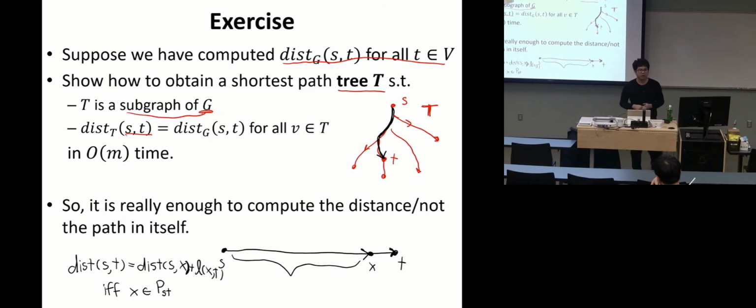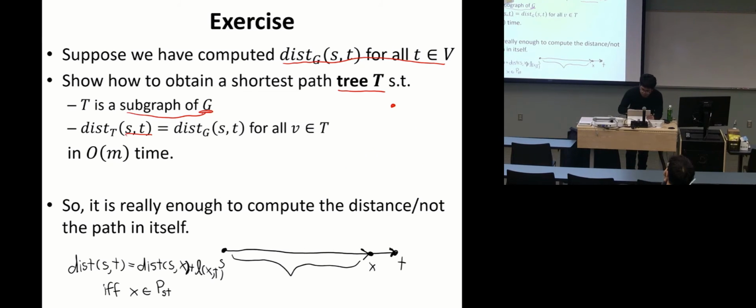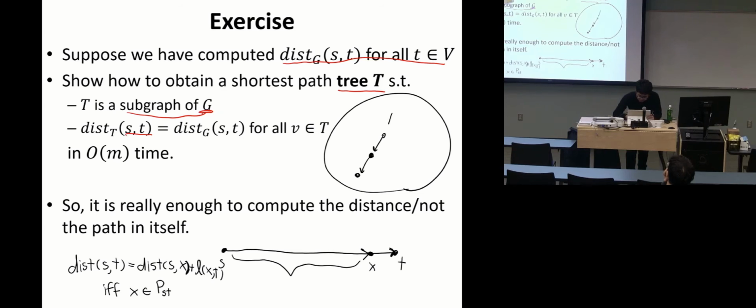And if you do that, then what will happen? Then you have that for every node, you know your parent. Which means what you get is a graph such that each node has some parent, and this node will have some parent too, and it will keep going until you stop at S, right?